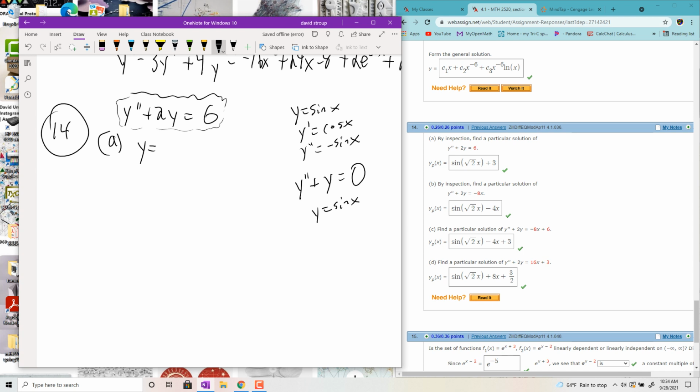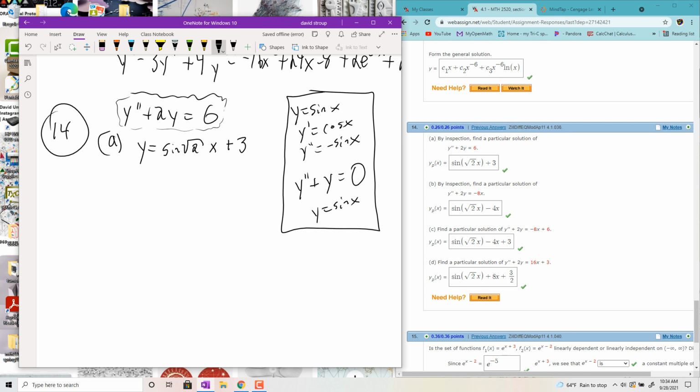You need it not to equal 0, but rather something else, right? So if you just let y equal, in this case, sine of square root 2x plus 3, it'll satisfy that equation. So you really have to kind of play around with it a little bit, and it helps to have a lot of experience like your teacher has. You may not have as much experience, but anyways, hopefully that will get you started on number 14.